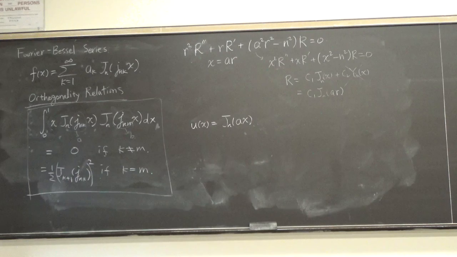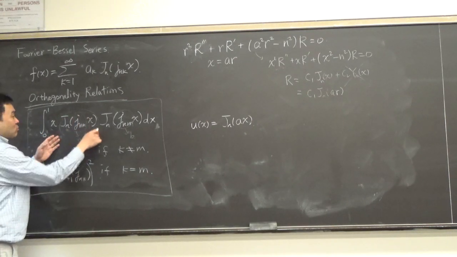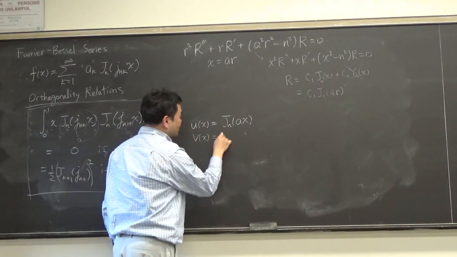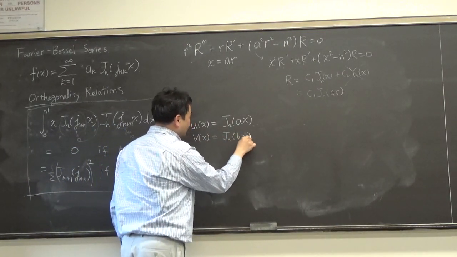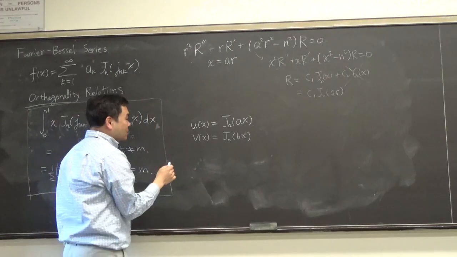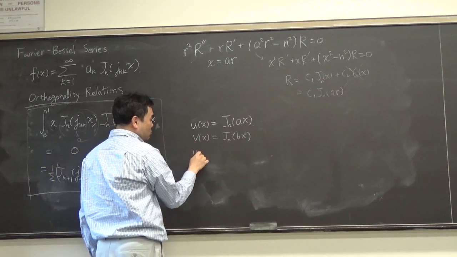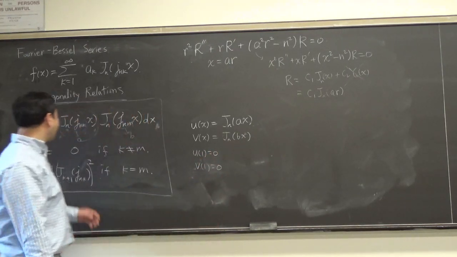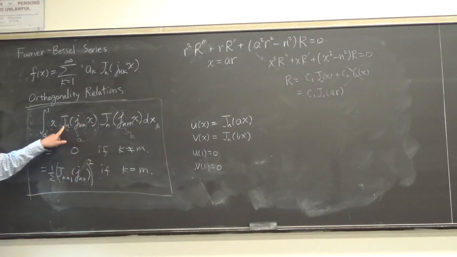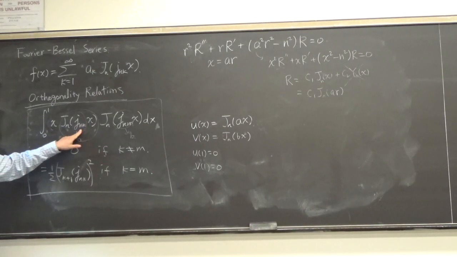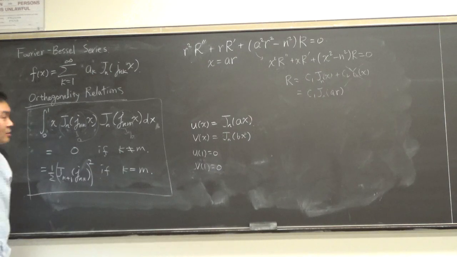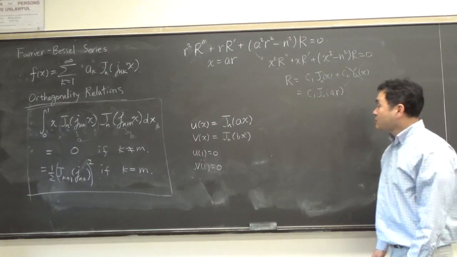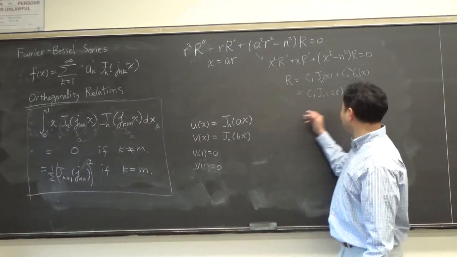I'm just calling this one u, and this one v of x. So one thing you get out of this is that u(1) will be 0, and v(1) will also be 0, right? Just because if you plug in 1, it's J_n evaluated at one of the zeros, so that's what you know. Right? So we have those, because this one is like this one, right?